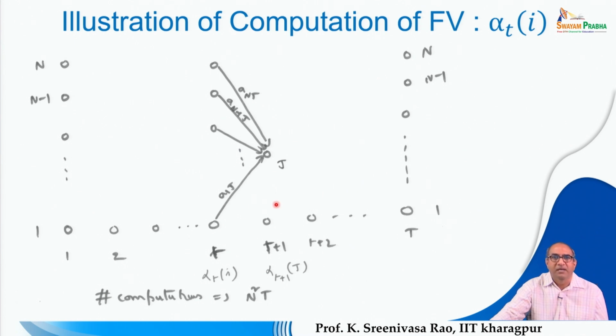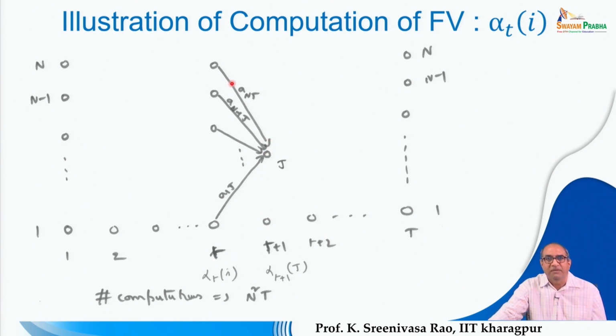Now, if you try to analyze the number of computations over here, for a particular state, how many computations are involved? There are n multiplications required, to compute the partial observation sequence at this particular state for this particular time instant.